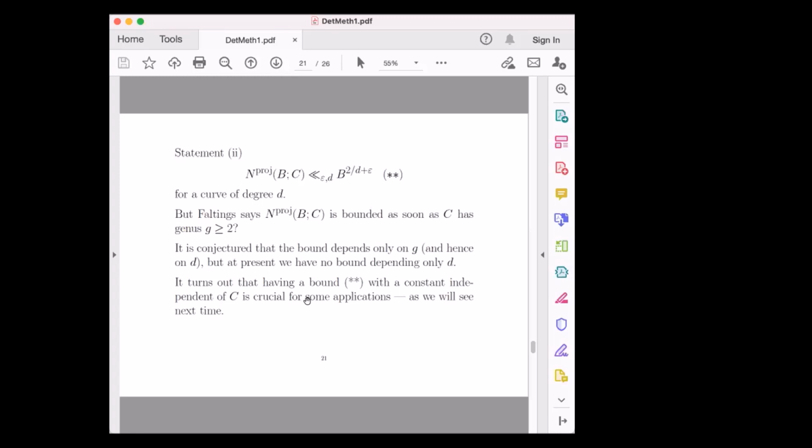And there are various applications where it is crucial to have a bound that is independent of the curve, only depending on the degree. So we'll see that in action next time. So one of the features of the determinant method is that it produces bounds that are independent of the curve.